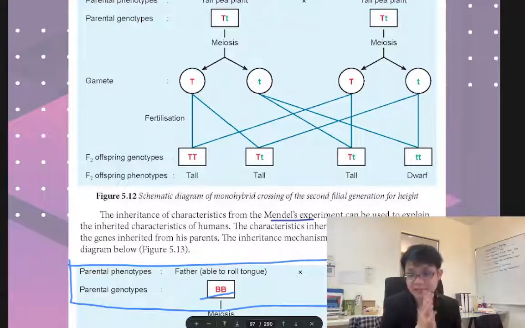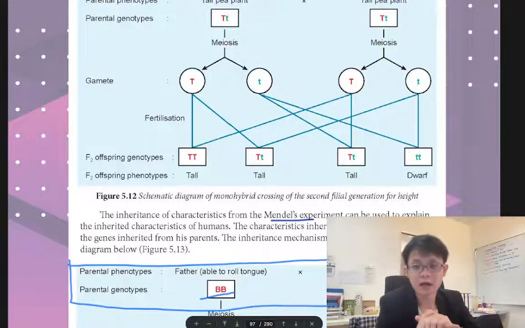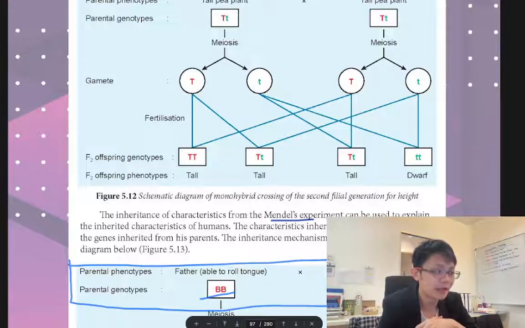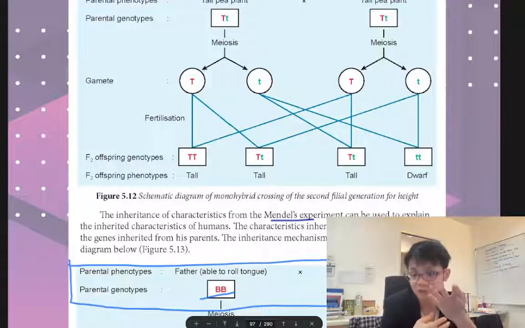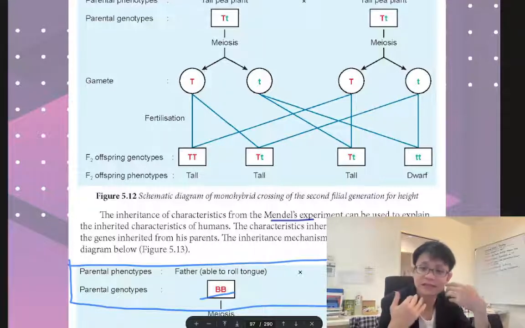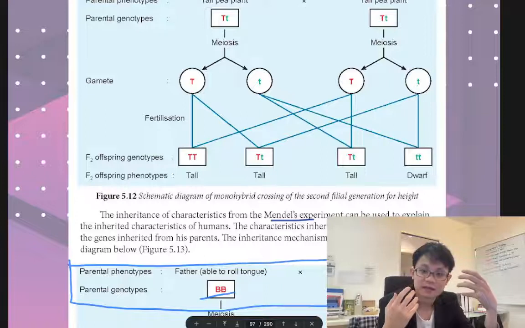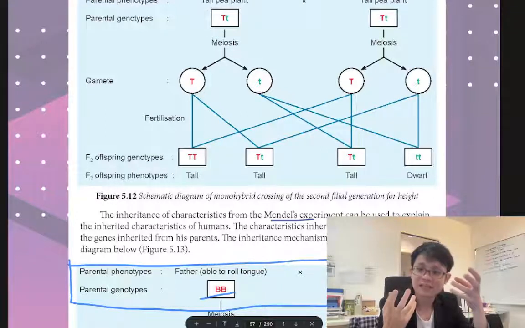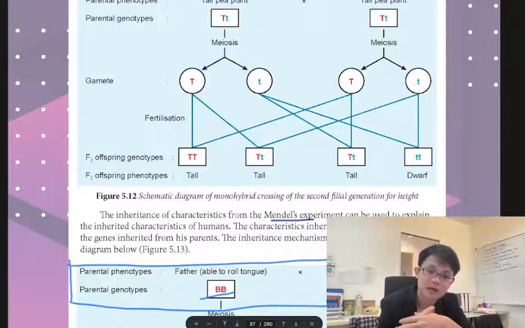So my question is, how many of the offspring are able to roll tongue and unable? Usually we know there are 4. So my question is, what are the chances that the offspring can roll tongue or cannot?